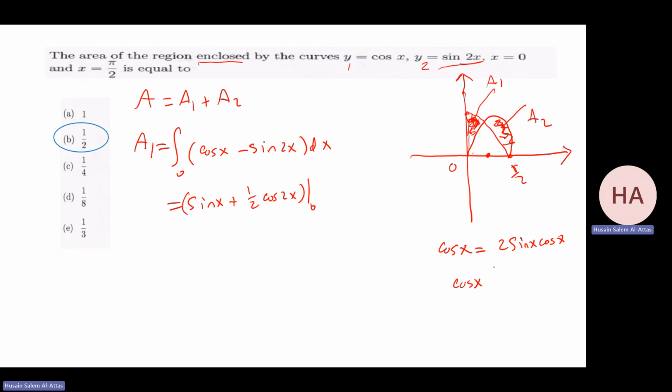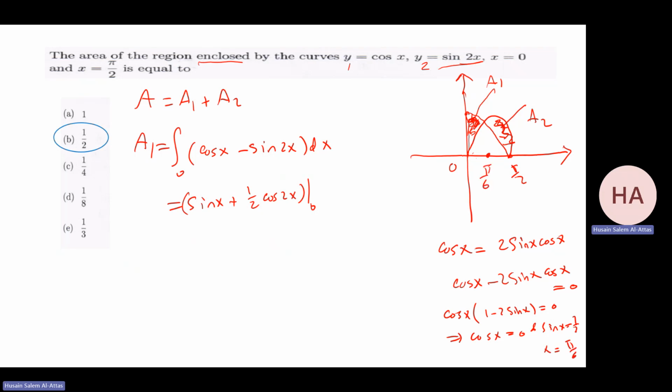I equate the two. So now this will be cosine x minus 2 sine x cosine x equal to 0. So I have cosine x times 1 minus 2 sine x equals 0. So I have cosine x equals 0 and sine x equals half. So x equals pi over 6, not pi over 4.